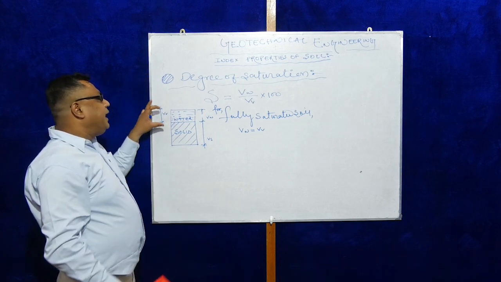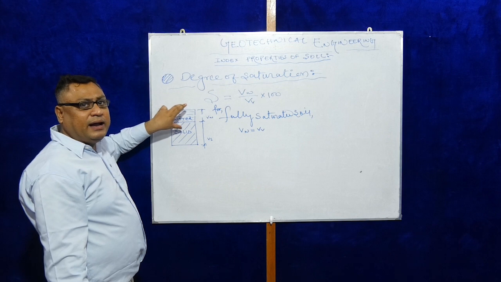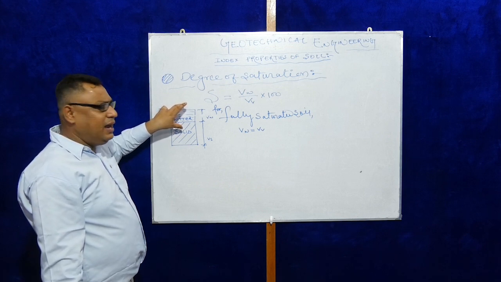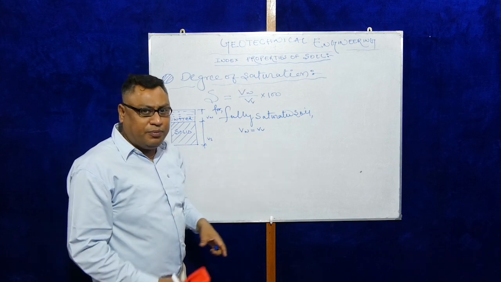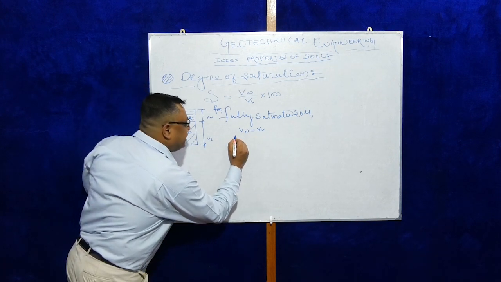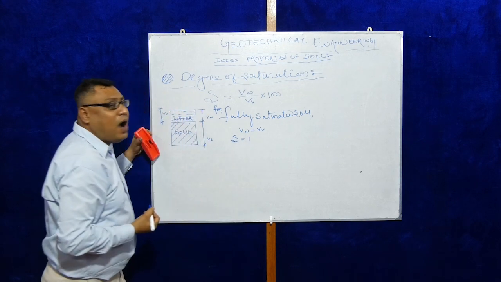As the total void spaces of a given soil sample are completely filled with water in case of fully saturated soil, therefore volume of water is equal to volume of void space. Therefore, degree of saturation for fully saturated soil sample is 1.